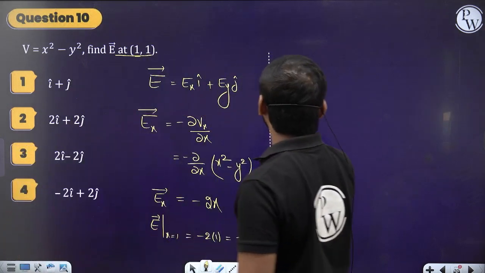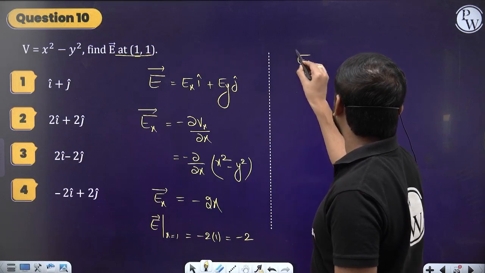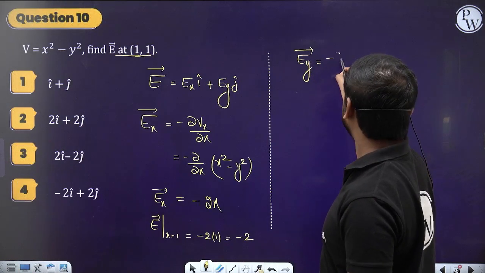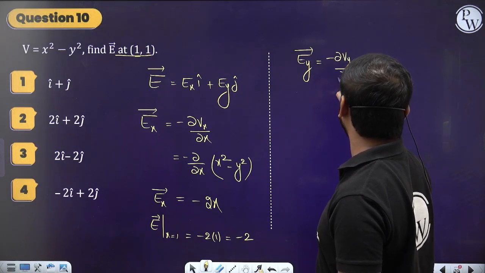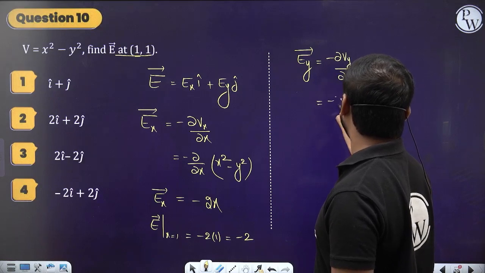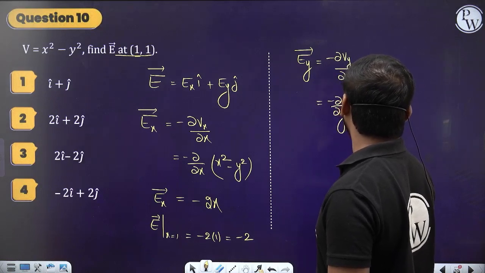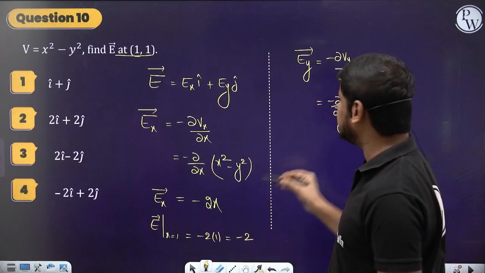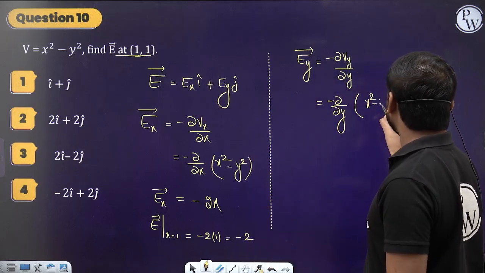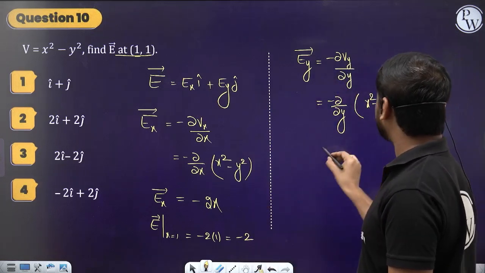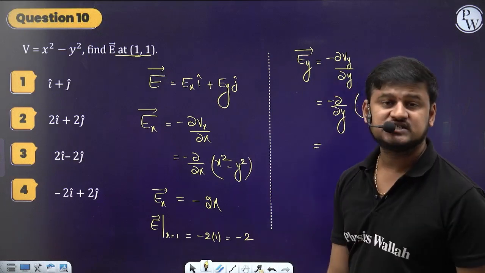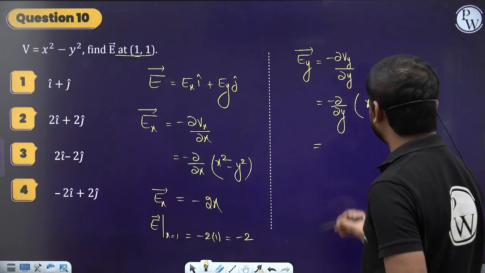Next, the gravitational field in y, Ey, is equal to minus dou V by dou y, which is minus dou by dou y of, what is Vy? So write the total V value, x square minus y square. However, the differentiation of x square with respect to y is going to be 0.